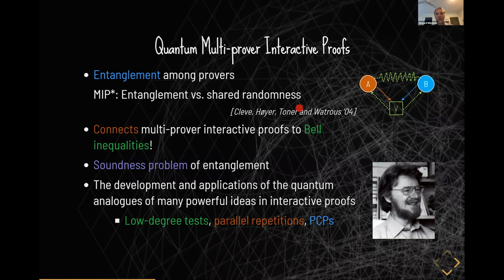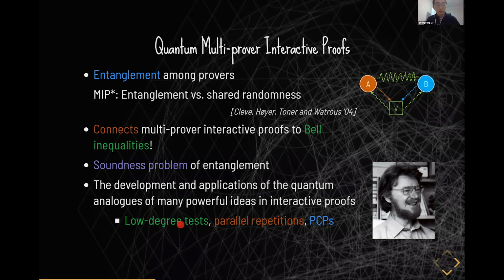Yeah. Okay, very good questions. And in that paper, they realized the so-called soundness problem, which we will come back to later. The soundness will become a problem because of entanglement. And that's a very easy observation. More importantly, the connection between MIPs and Bell inequalities opened the door to the development of quantum analogs of powerful ideas in interactive proofs.